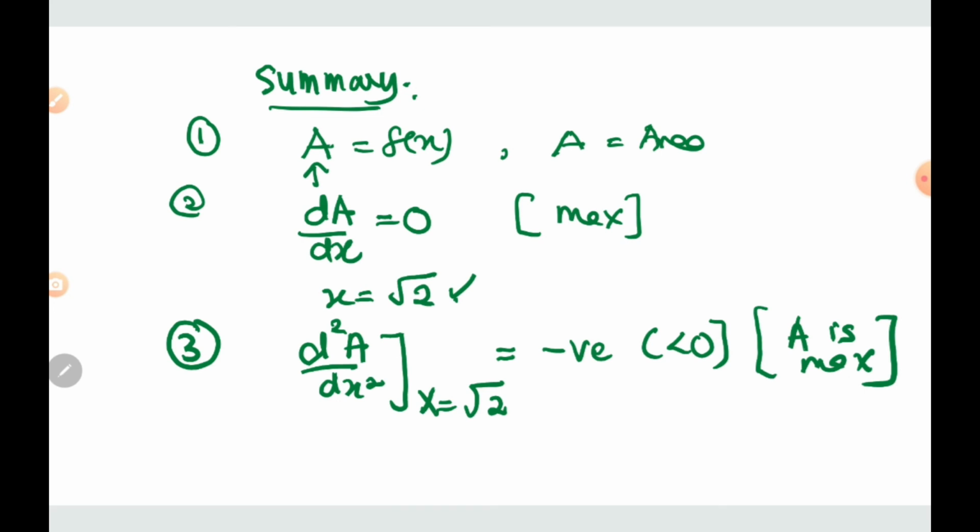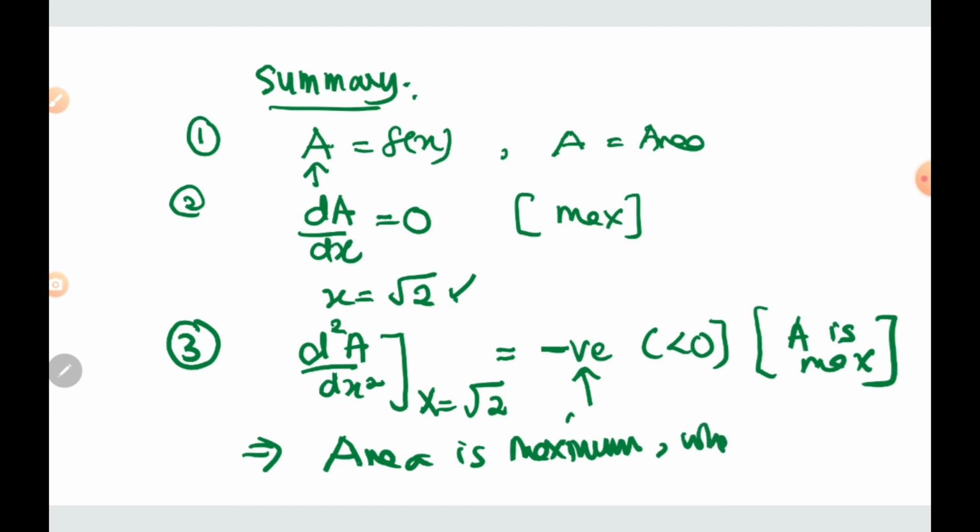Okay, so our conclusion is, when you get the second derivative is negative here, the area is maximum when x equals to 2.